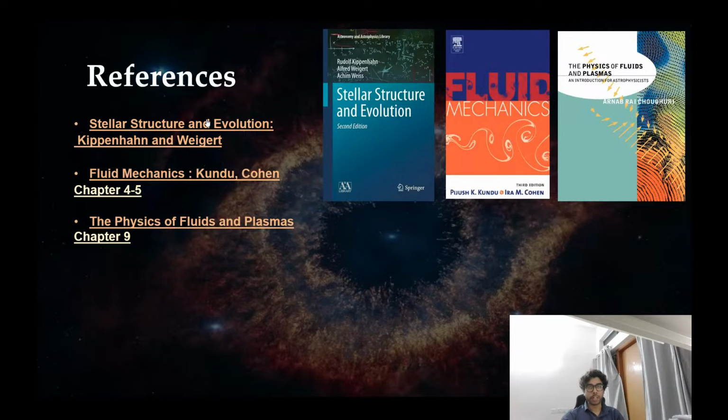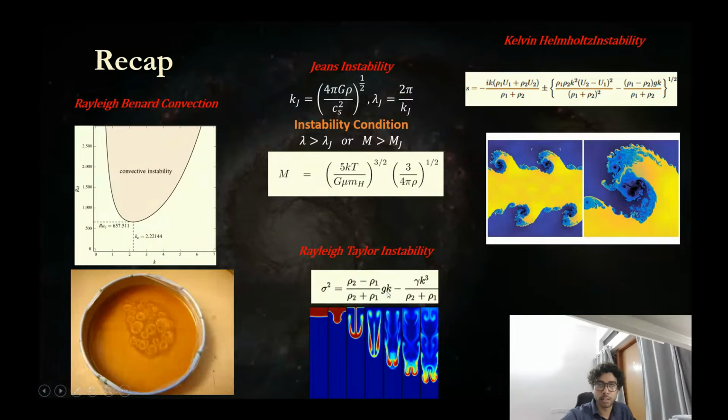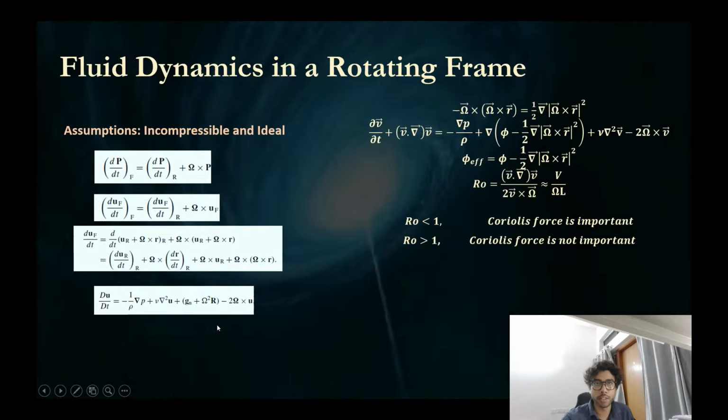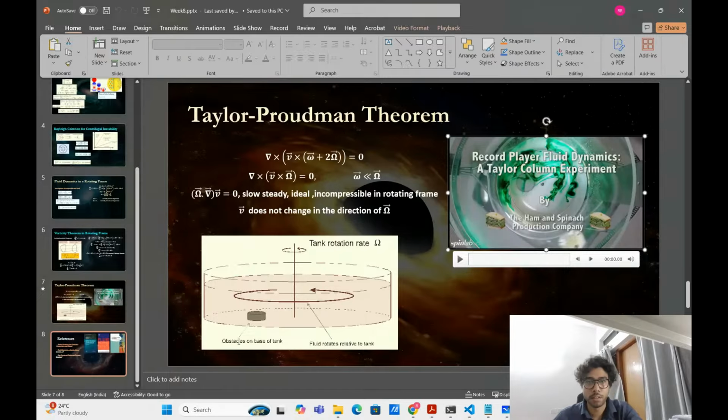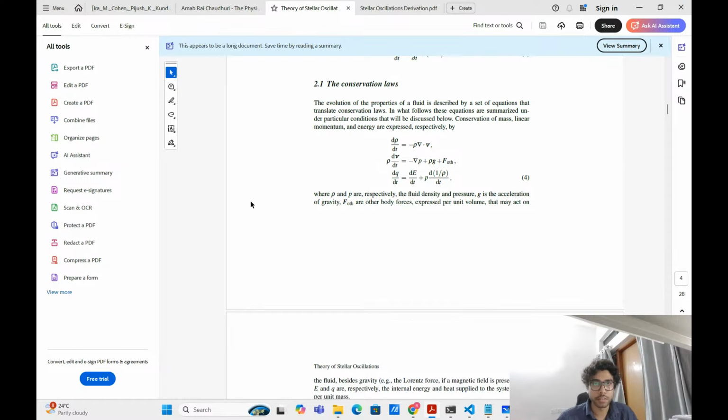And actually the derivation that we just saw, up to this part of stellar oscillations, and deriving this equation, are already covered in the first few pages of this paper.